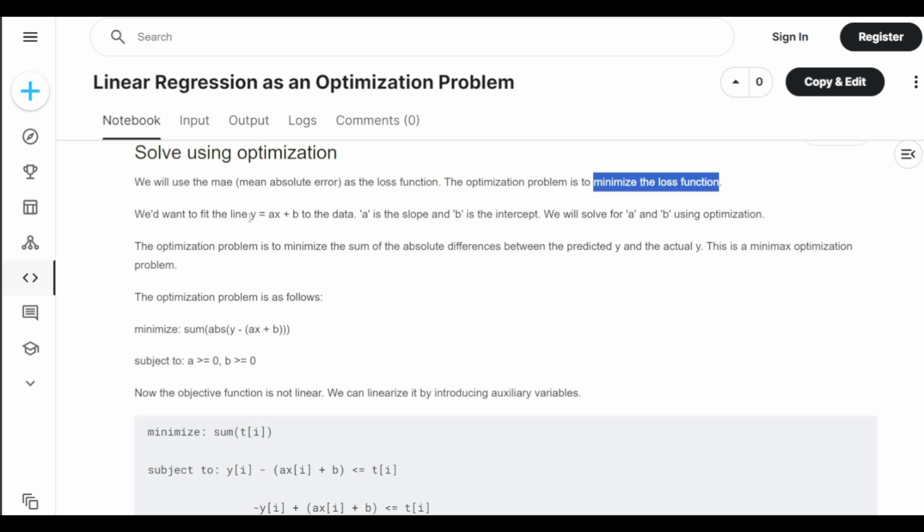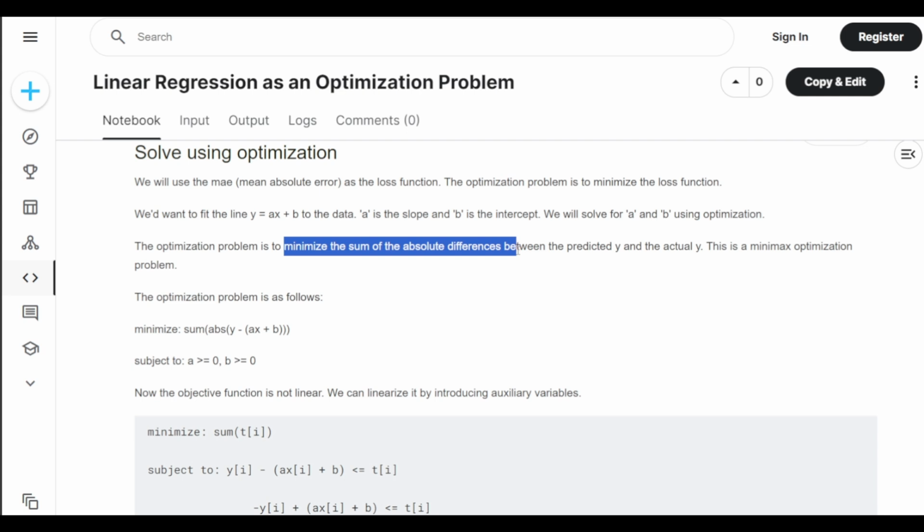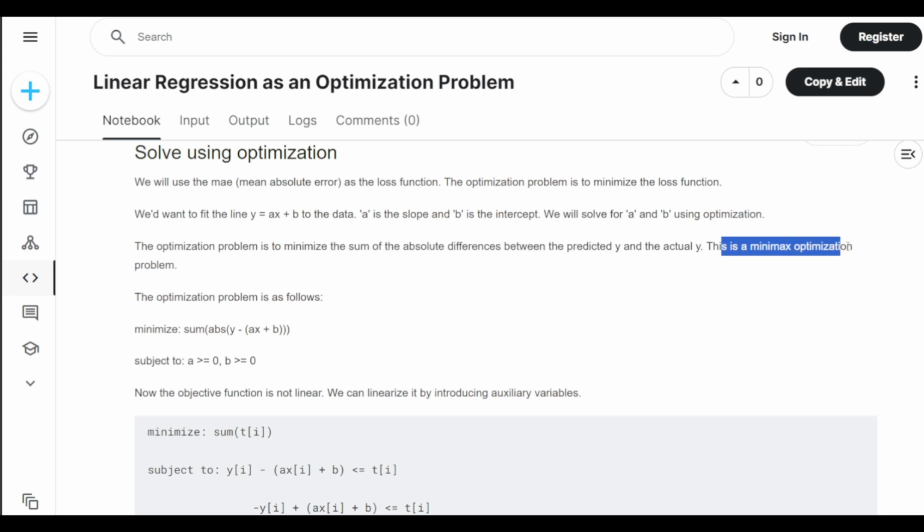Say we would want to fit a line, y is equal to ax plus b, where a is the slope and b is the intercept. a and b are the values that we will find using linear regression or optimization. And of course, our objective is to minimize the sum of absolute differences between the predicted variable y and the actual variable y. Right. So now this is a mini-max optimization problem.